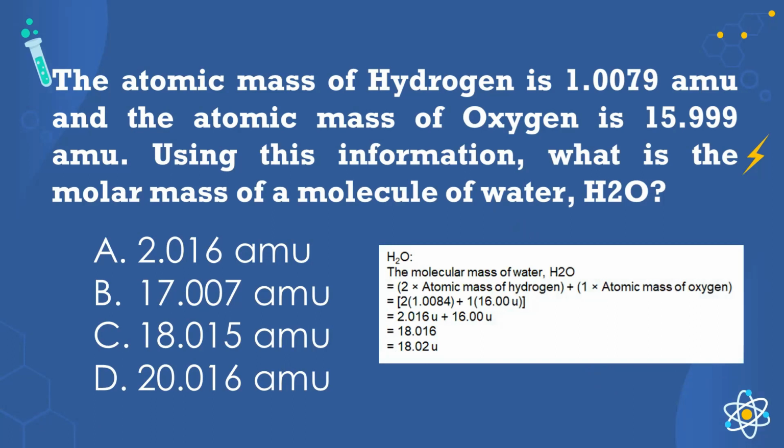So 2.016 plus 16.00 will give us 18.016 or 18.02. So the number among the choices that is closest to the given answer is letter C, 18.015 AMU.